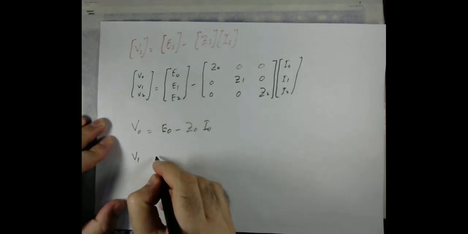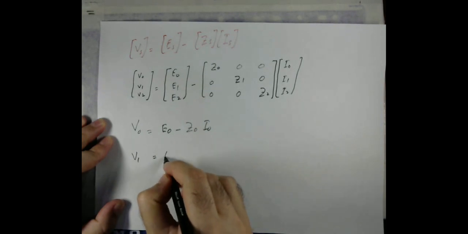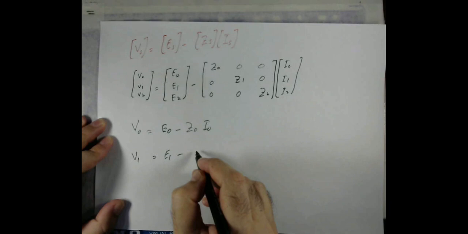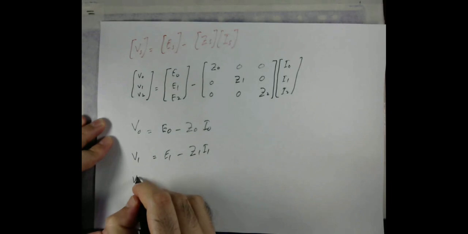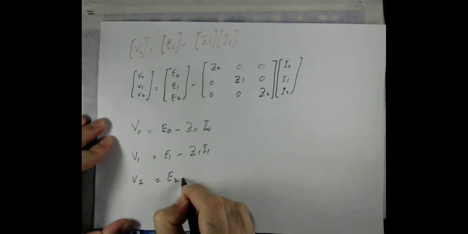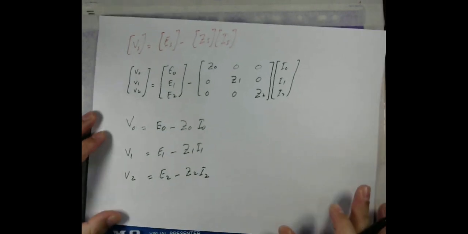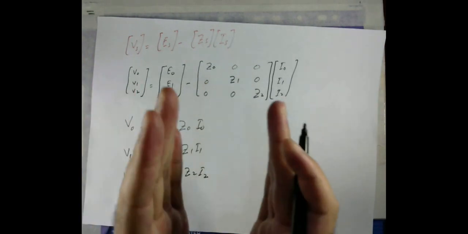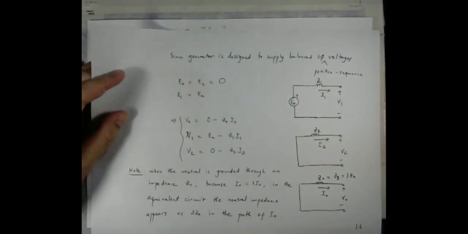Similarly, V1 is equal to E1 minus Z1 I1, and V2 will be equal to E2 minus Z2 I2. So now we can draw three sequence networks, but we know that generators are designed to supply three-phase balanced voltages.